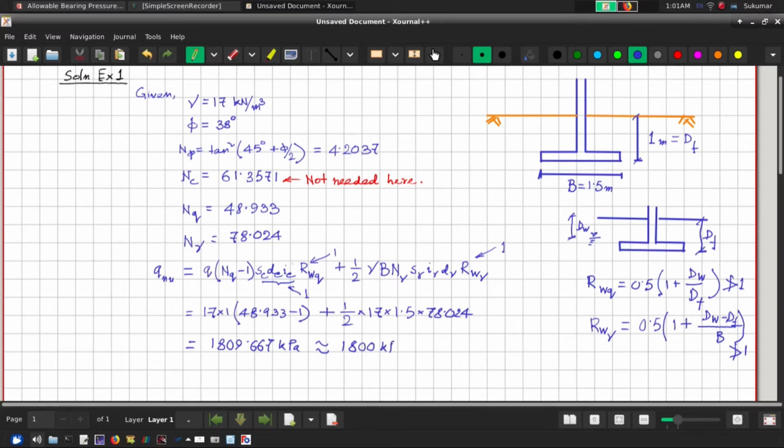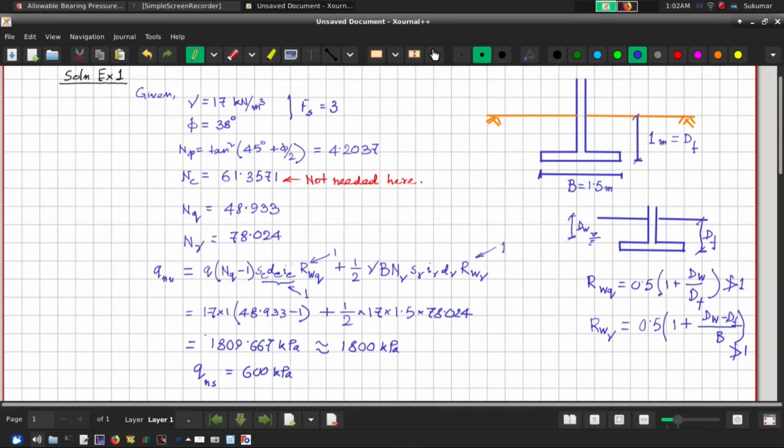Kilopascal, and therefore my net safe bearing capacity QNS, if I use a factor of safety of 3, then I will have 1800 divided by 3, so 600 kilopascal. Okay, and we assume here a factor of safety of 3 as usual.